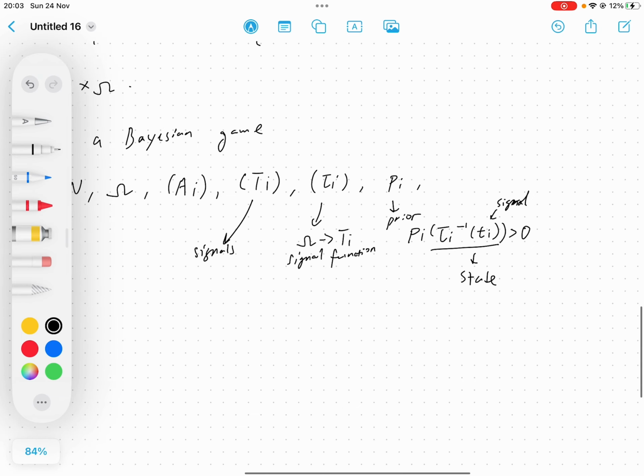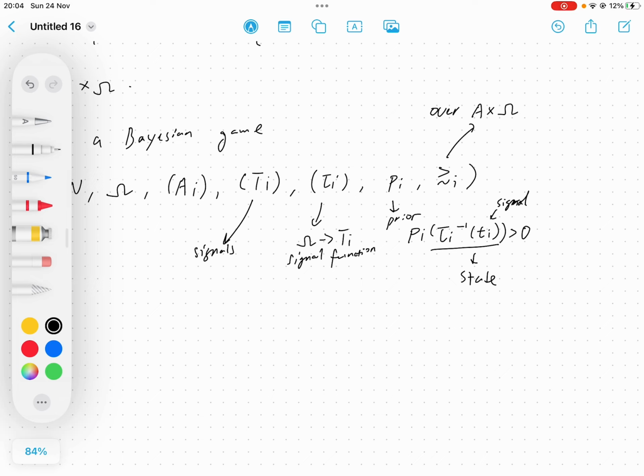And what else? We also have a preference relation, and that we just mentioned. So this would be something defined over the lottery, right? This is the preference relation on the set of probability measures over A cross omega.